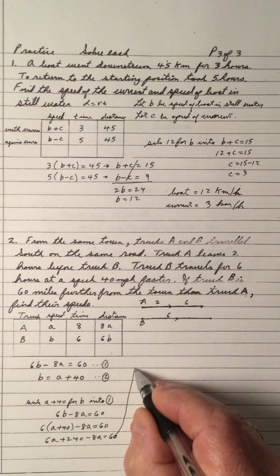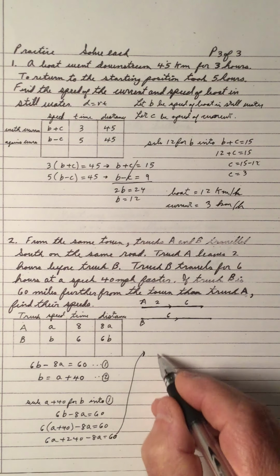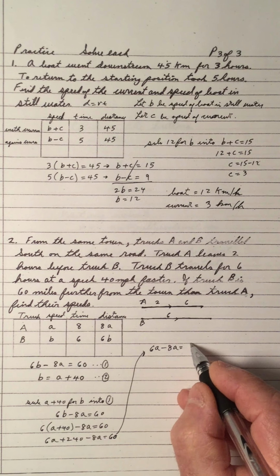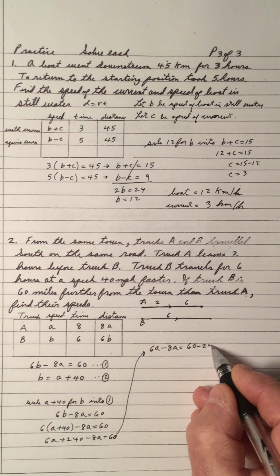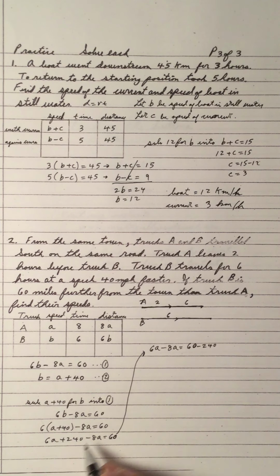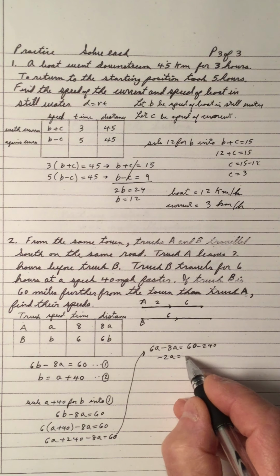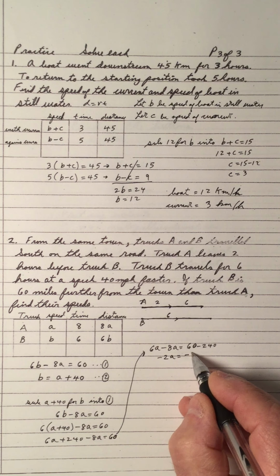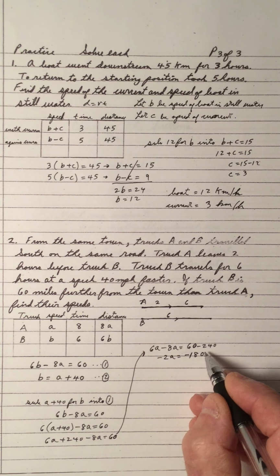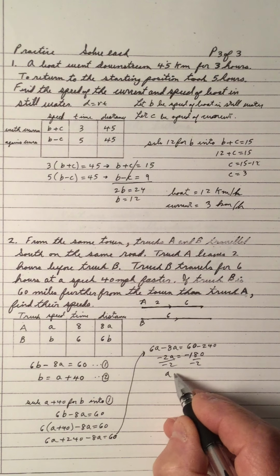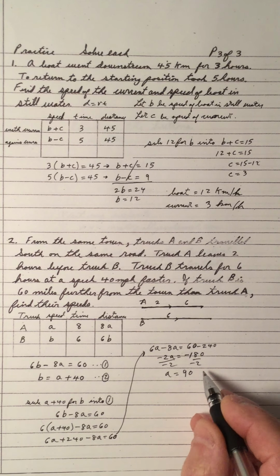Now I get 6A minus 8A equals 60 minus 240. The 240 is coming over to become negative. I get negative 2A equals negative 180. Divide by negative 2, and I get A is equal to 90.